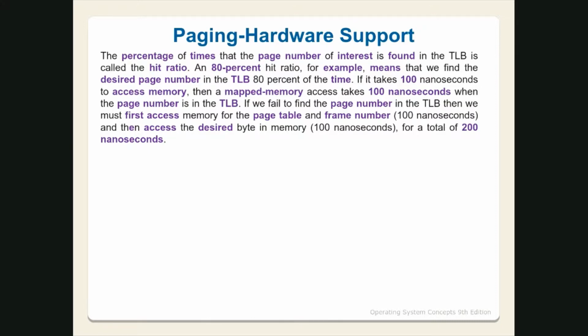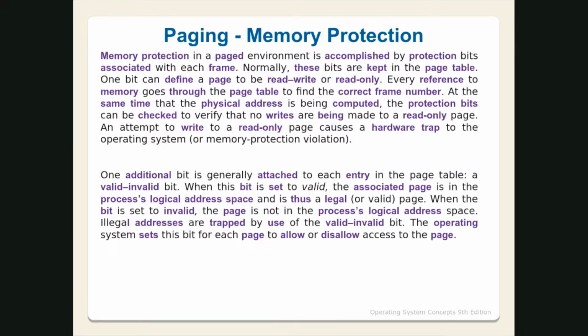So it takes 100 nanoseconds to access the memory each time. I am accessing two times, one for the page table, one for the frame. So 2 times 100 is 200. Fine. So just remember this type of questions whenever you go through them.